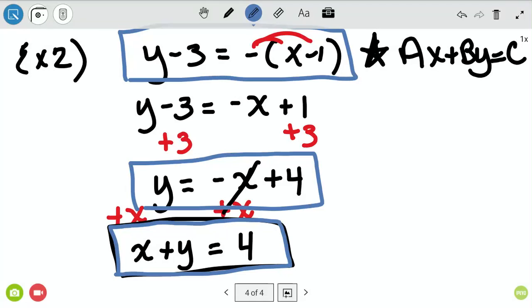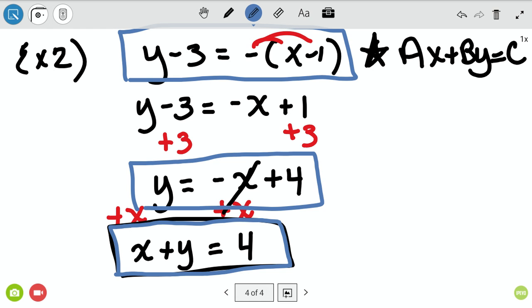If I graph those 3 lines, I'm going to get the same exact line. It's just they're written in different forms. And you can use algebra to bounce back and forth between the forms, however the instructions say to move it. No matter how it's given to you, with a little bit of algebra, you can put it in the right form just by moving things where it has to be. Okay? Any question with that?